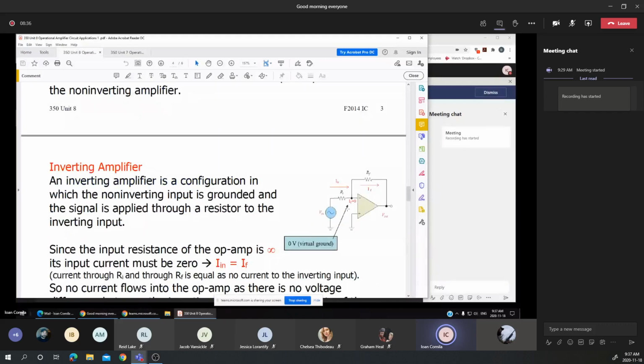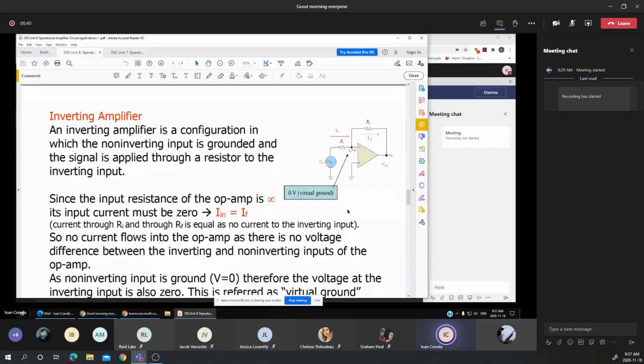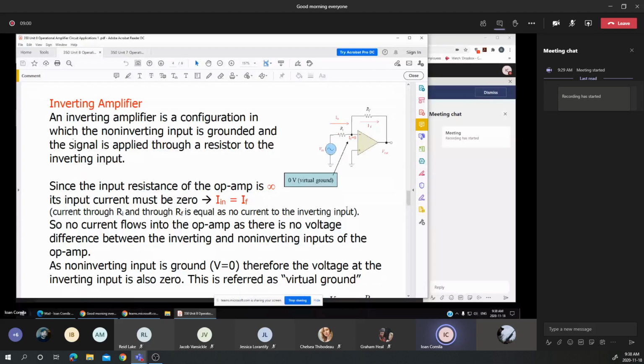Now we are switching to the second. Means that the first application is using an op-amp as a non-inverting amplifier, and the second important circuit or application for an op-amp is an inverting amplifier.